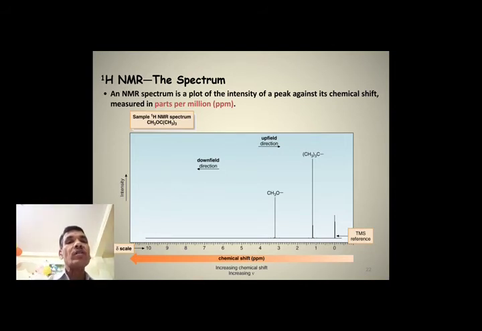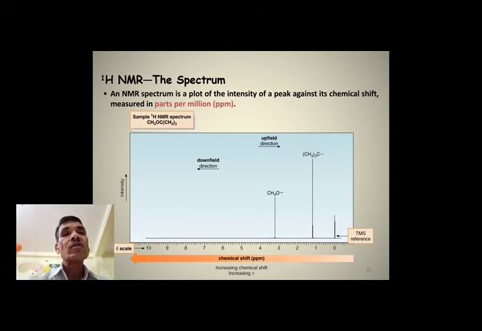So as delta value increases, the protons are called downfield protons or in the downfield direction, while if the delta value is 0 at TMS, then it is called upfield proton or upfield direction.